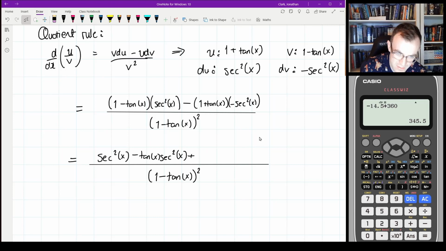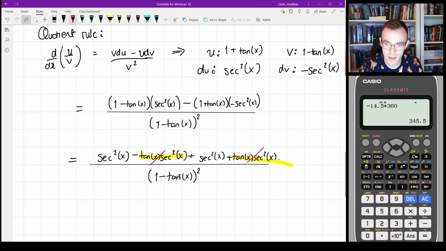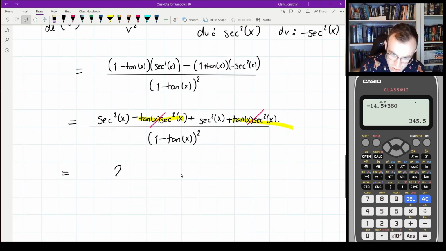That's going to be plus. And I've got minus tan times minus sec squared, so it's going to be tan sec squared. Okay, so there is some cancelling. This term here and that term there are opposite signs, so they can cancel. And we're going to get the following, 2 sec squared divided by 1 minus tan x squared.